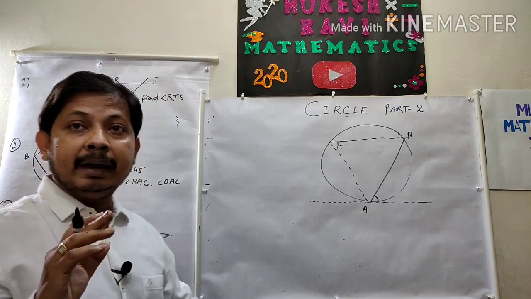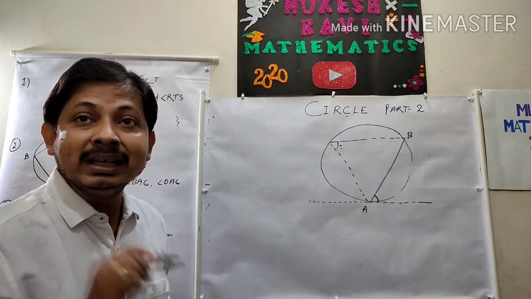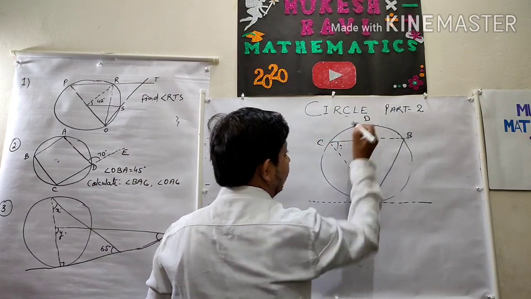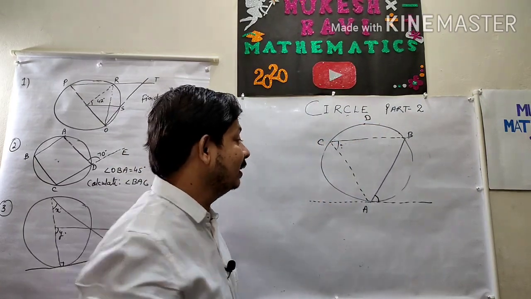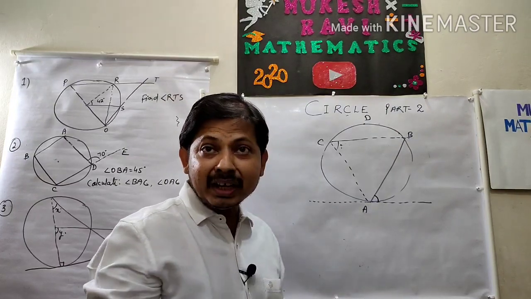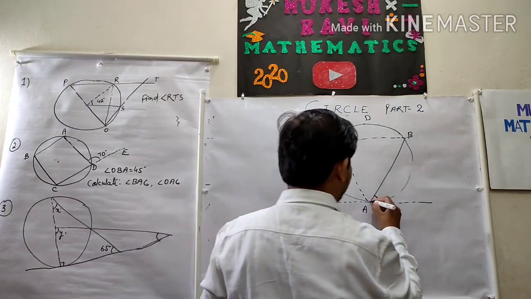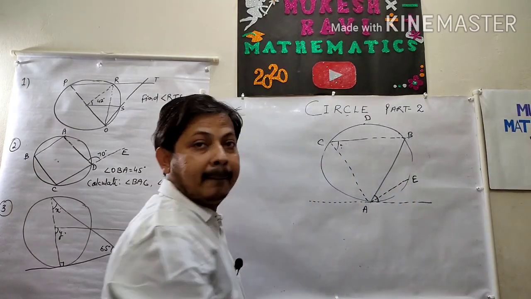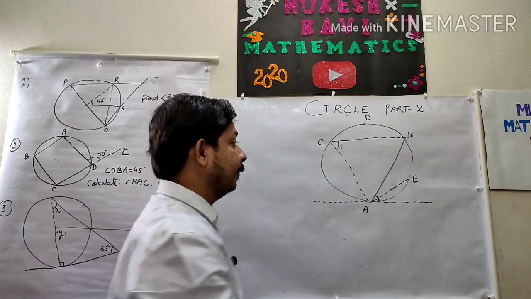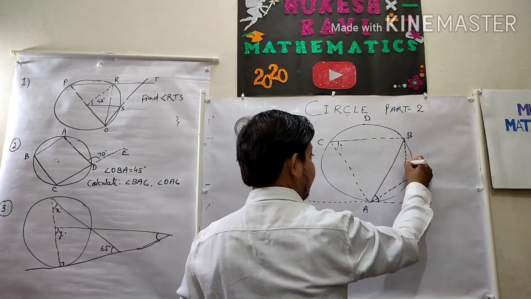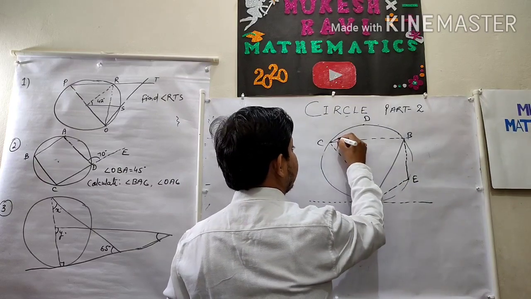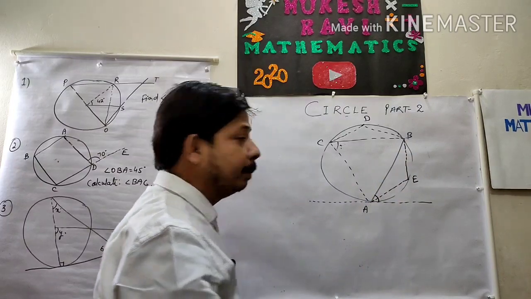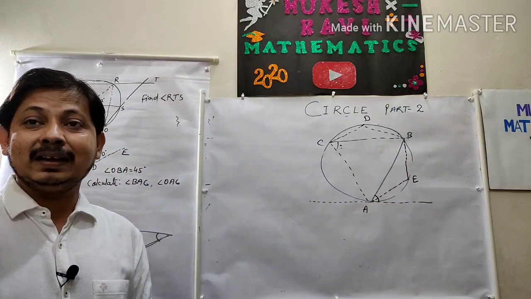Okay, so I have already drawn these three lines A, B, C. Suppose this is my point D, and this is my point E. Now I am going to join these points, BE and CD.